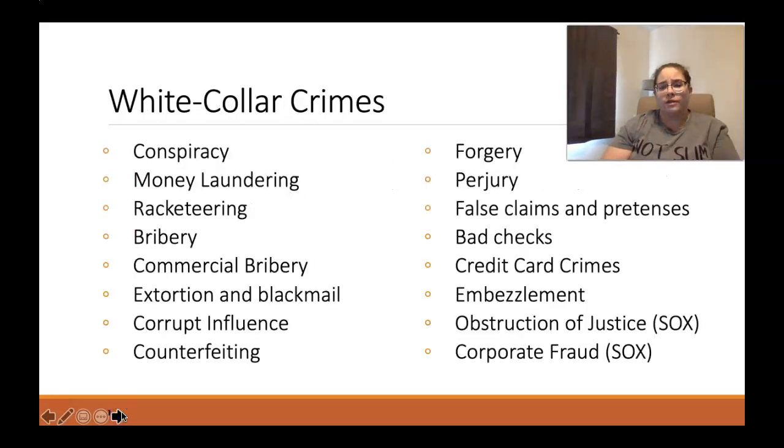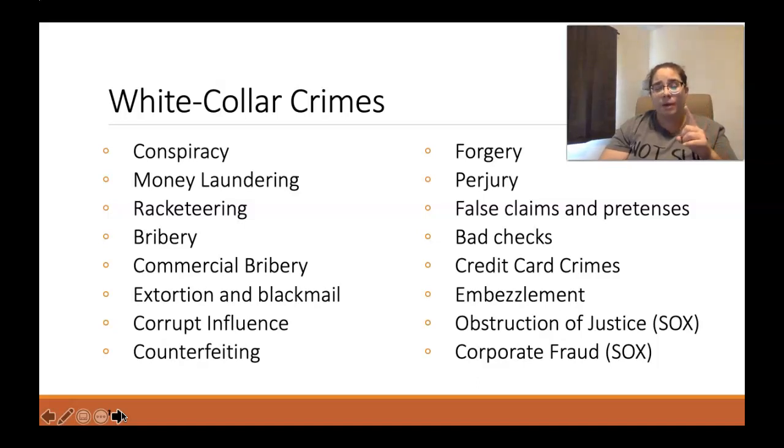You will see on the screen that there are a whole slew of white-collar crimes listed here. I think that there are 16. Your book does an excellent job of summarizing these for you, so I'm not going to go into too much detail. Take note of conspiracies, okay? Conspiracy doesn't require that the crime actually occurred.